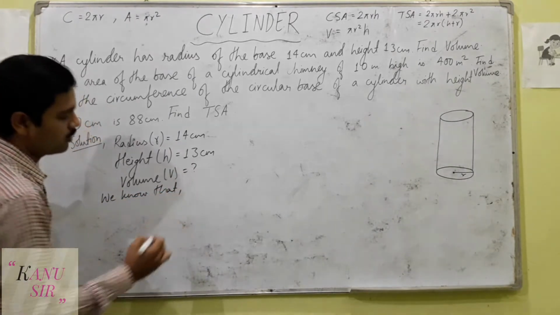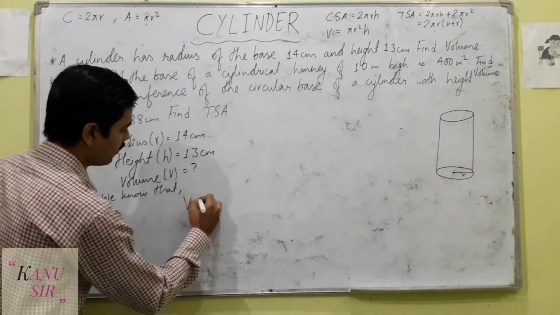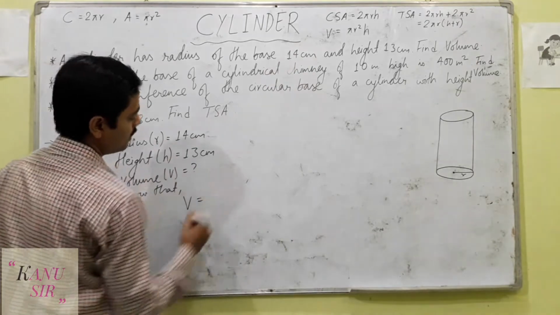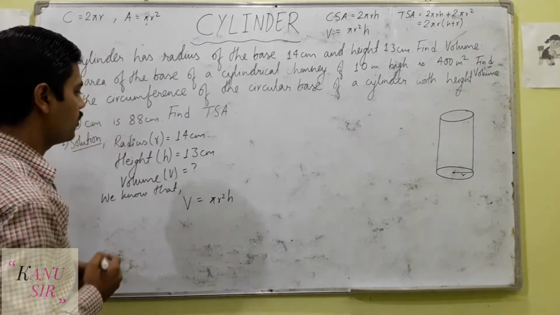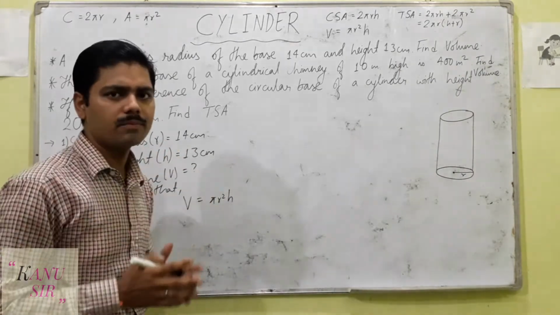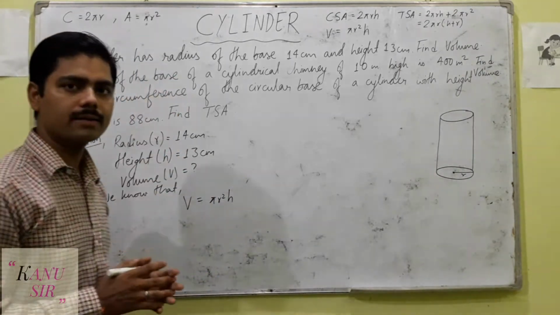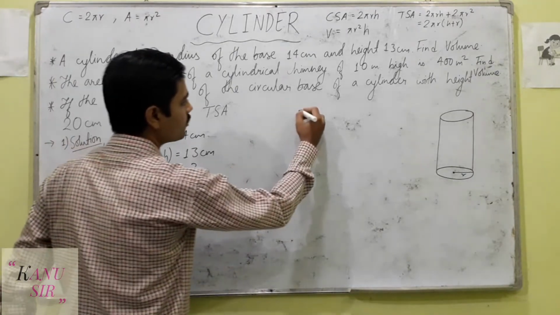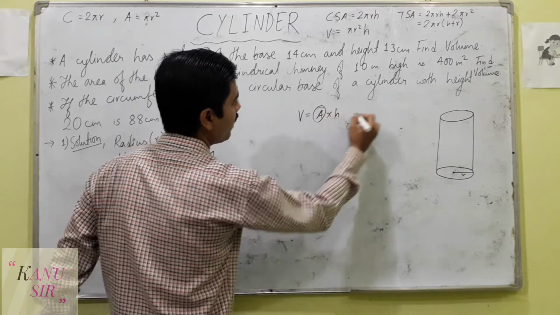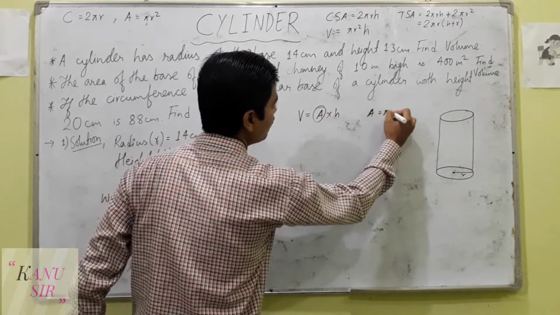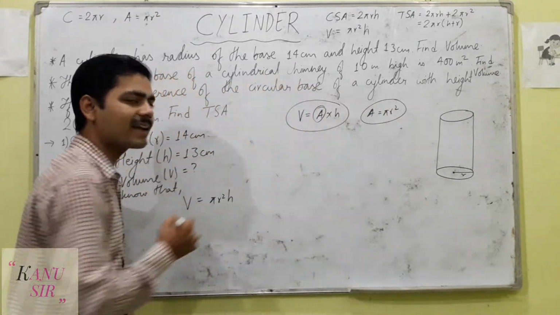The question has requested to find the volume, so we'll directly write V for volume, and the formula of volume is pi r square h. You don't have to go in 2 steps. For such a short question that comes for only 2 marks, most students go volume is equal to area into height. First they find the area, that is pi r square, in the first step, and later they get the volume in a second step.